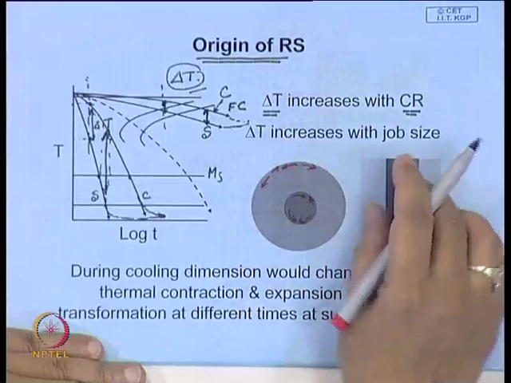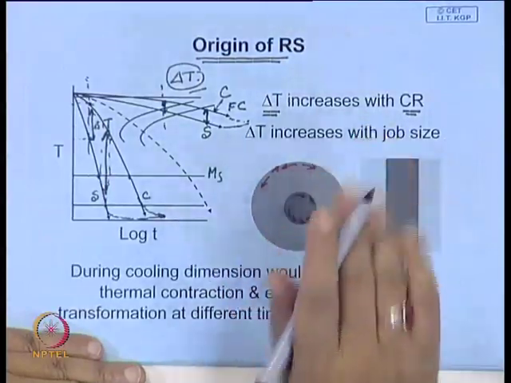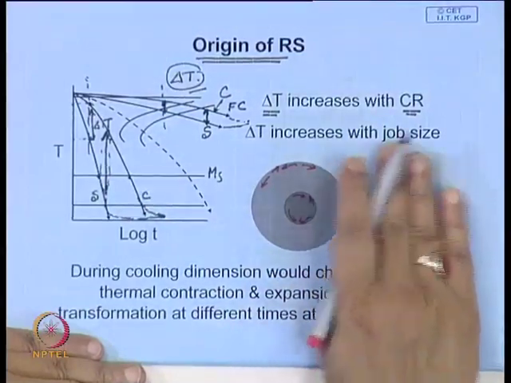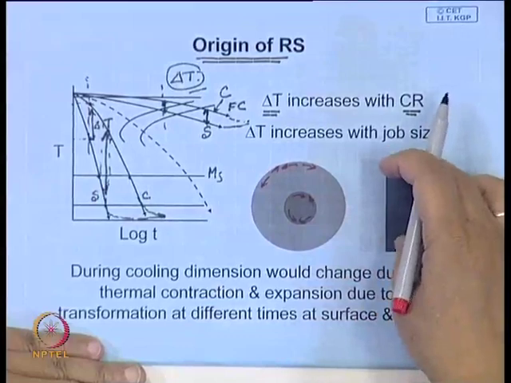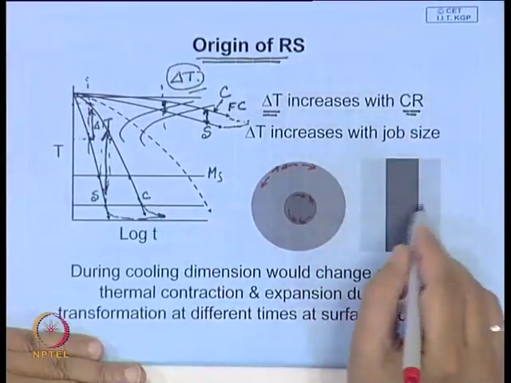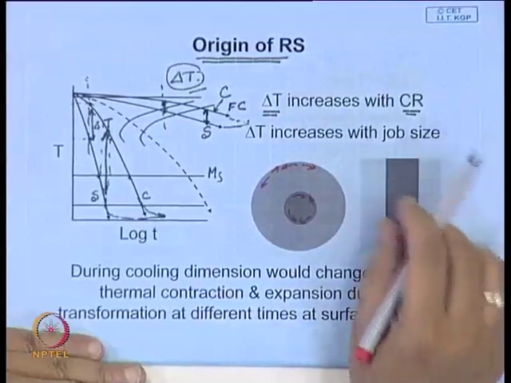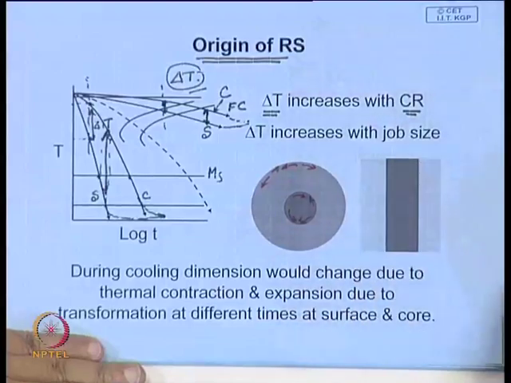In the process, if you are able to capture a picture of the transformation taking place, you will find the dimension in this direction also will change, and it can deform or contract depending on the nature of stresses it is subjected to.